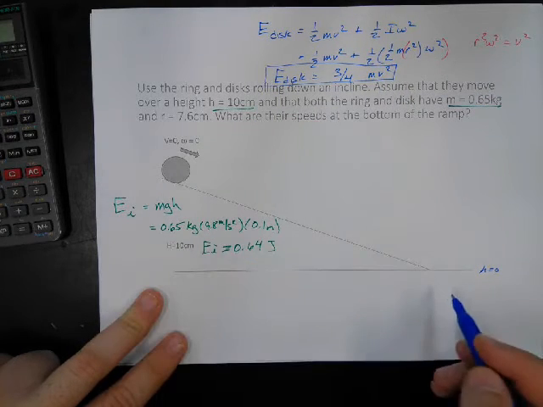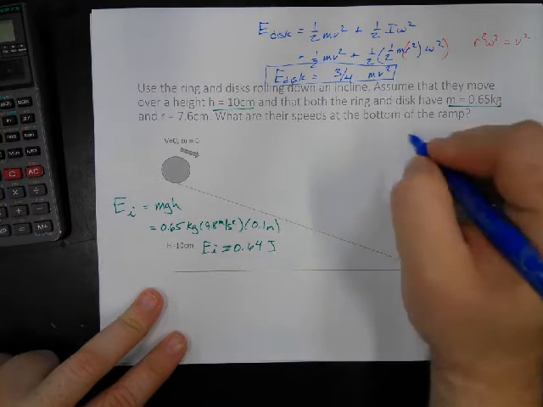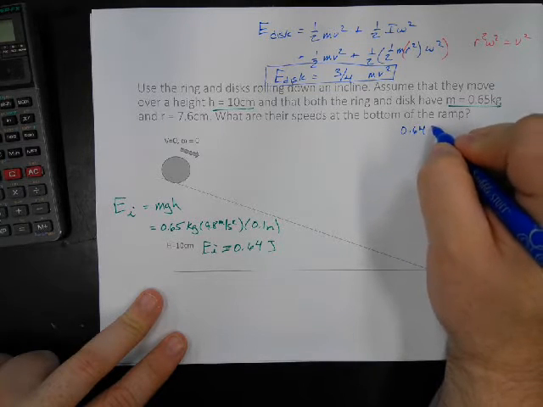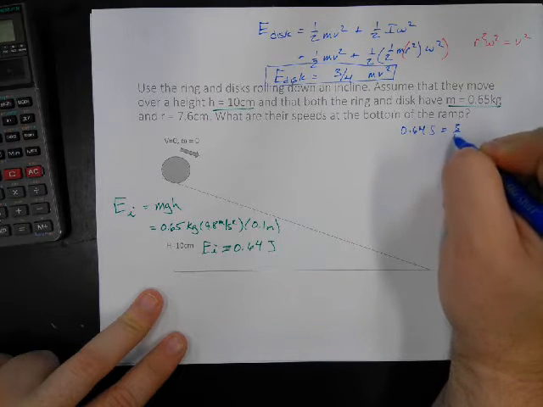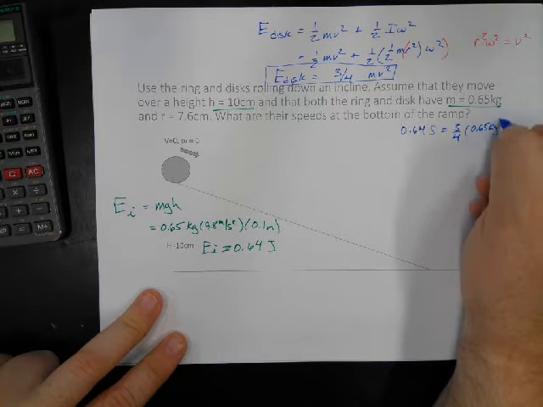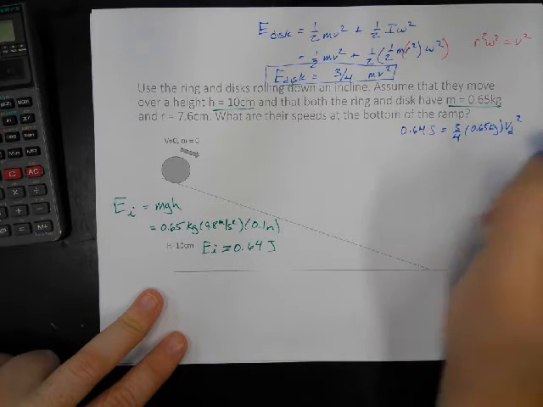And we can calculate that now. We can say 0.64 joules is 3/4 times 0.65 kilograms times velocity of the disk squared.